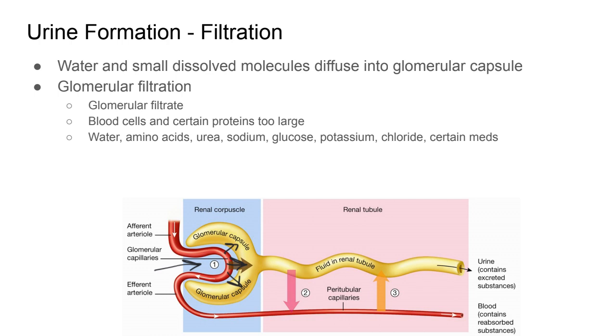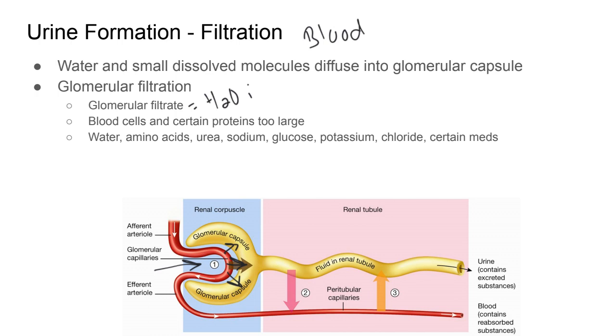At this point in time, the body is not very picky about what is going through. It's not filtering good from bad right now. It's filtering just general substances from the blood. And that glomerular filtrate is the substance that is going into the capsule, right?